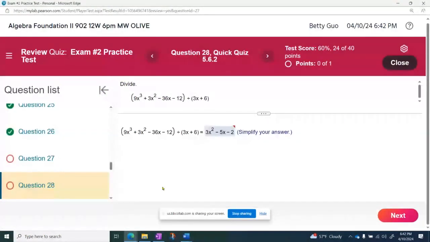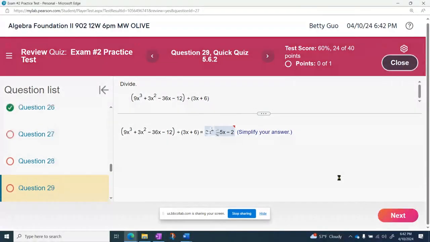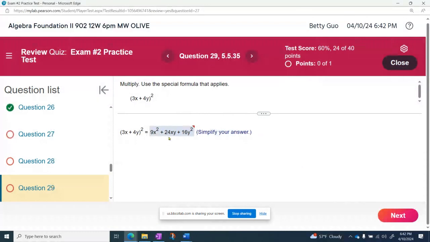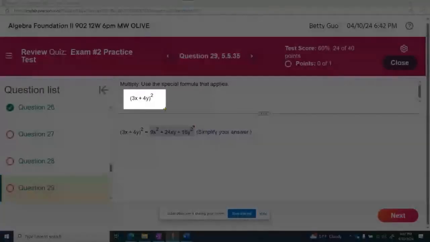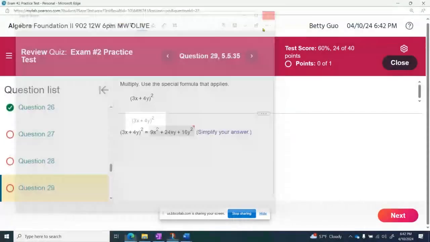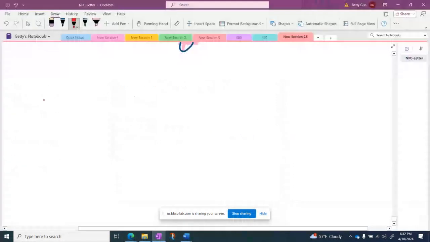You might have a question because the long division I know is challenging. But I will continue because we don't really have time to redo it. Multiply, use the special formula that applies. Okay. Let's not look at the answer and we work on the problem on the note here.